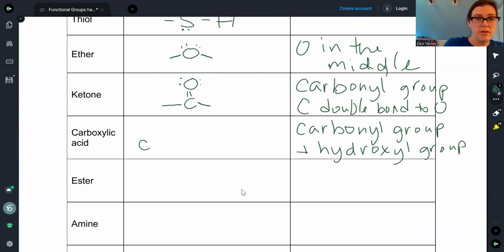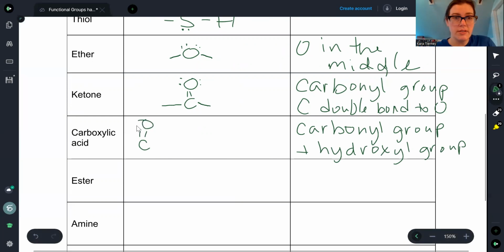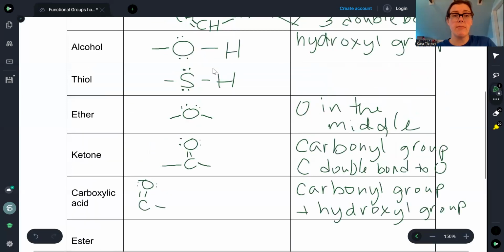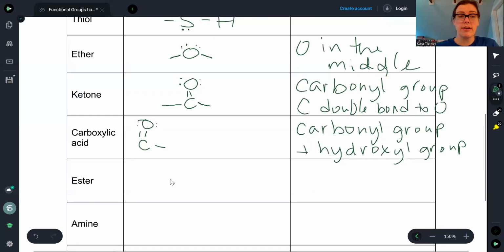It's got the carbonyl group, so we have a double bond to an O. That O, once again, is going to have 2 lone pairs. And then off the same carbon is going to be our hydroxyl group. We go back up, that's just an OH. All right, so O, then H, and that O will also have 2 lone pairs.